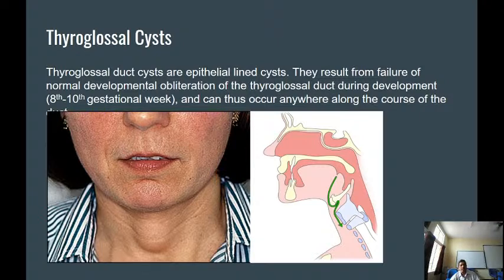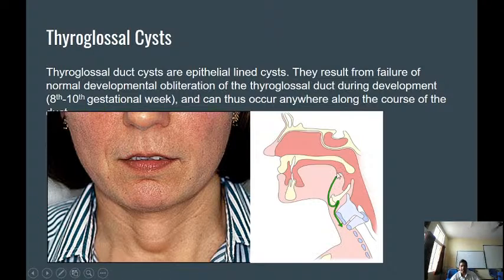Now another important mass or swelling that is seen in the neck is the thyroglossal cyst. The thyroglossal cysts are nothing but the epithelial lined cysts which are found anywhere in the tract between the foramen cecum, from where the thyroid gland originally is formed and descends down.